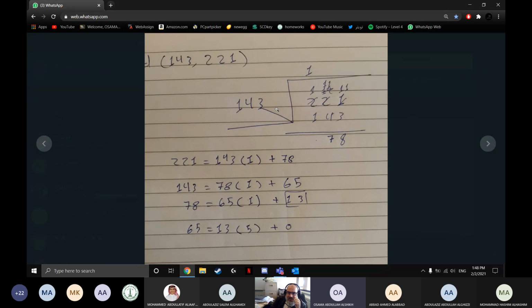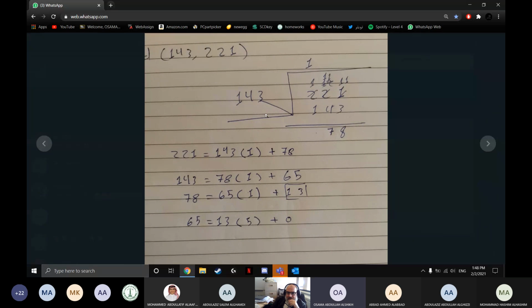Okay, so let's see now. Do you see, guys? So he said 221 is equal to 143 multiplied by 1 plus 78. Right? And then, so now we want 143 and 78. So 143 is equal to 78 multiplied by 1 plus 65.